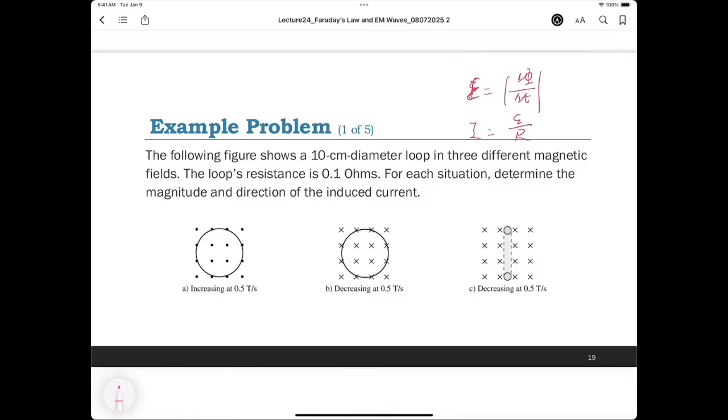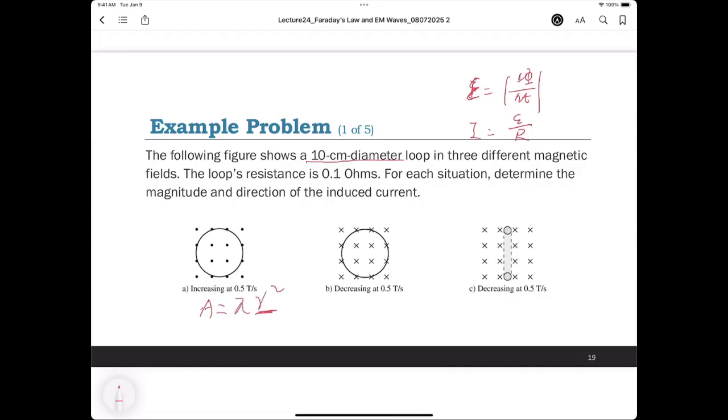For the first one, the field is increasing at 0.5 T per second, which means the EMF should equal, with the area of a 10 centimeter diameter loop, pi r squared, using 5 centimeters as r.